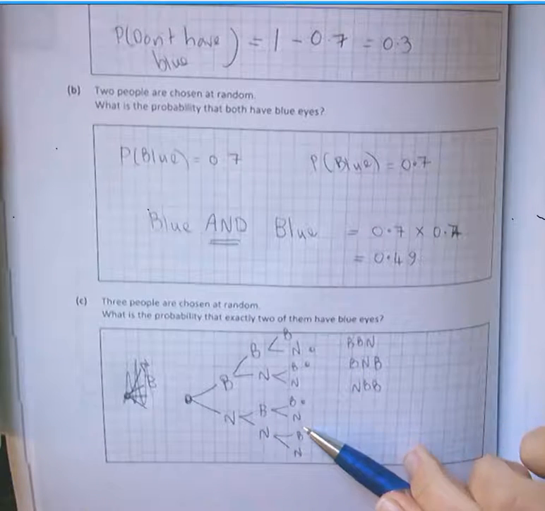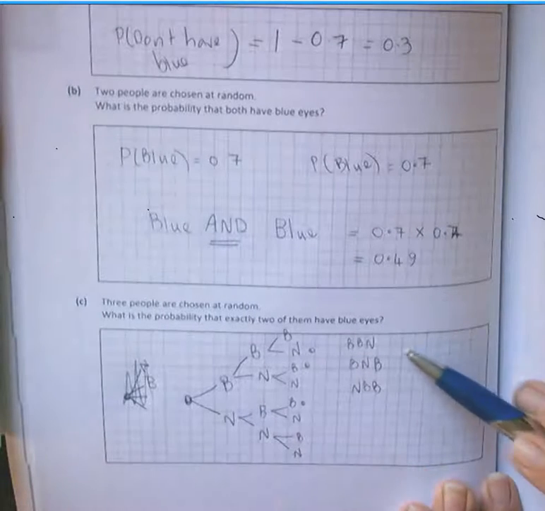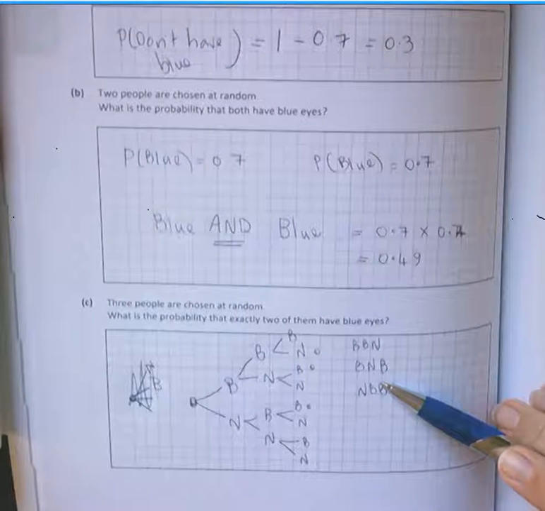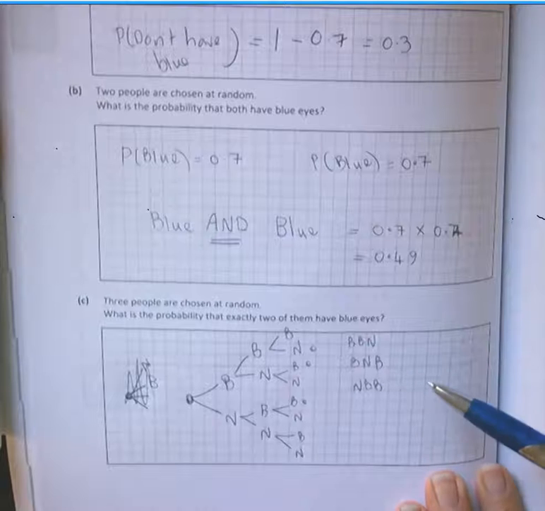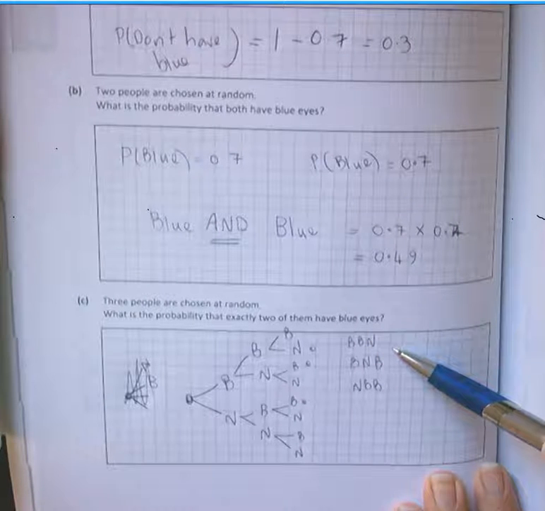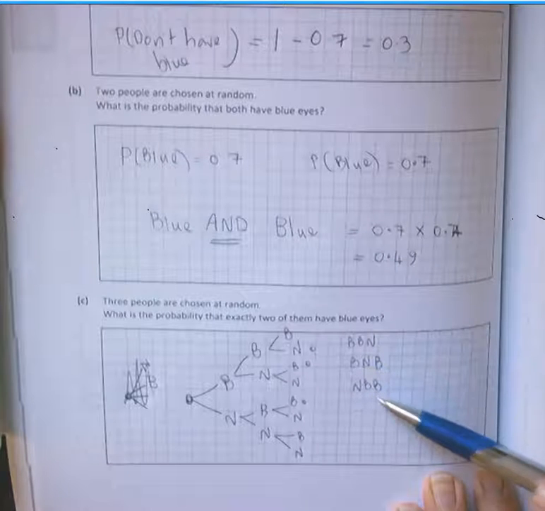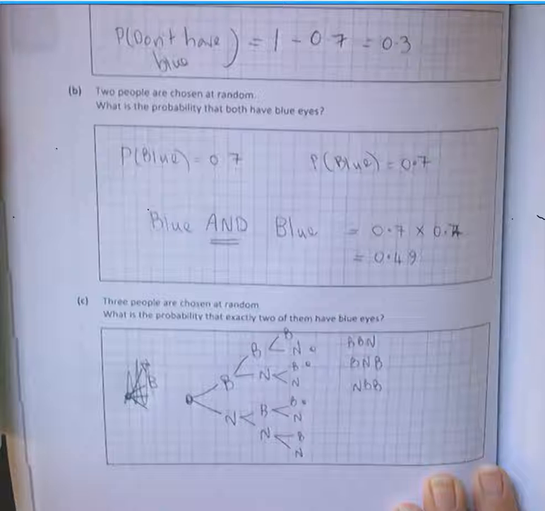N, B, N doesn't. N, N, B doesn't, and N, N, N doesn't. So the probability that exactly 2 of them have blue eyes is these 3 options: 2 blue and 1 not, 2 blue and 1 not, and 2 blue and 1 not. Each of the choices is independent.